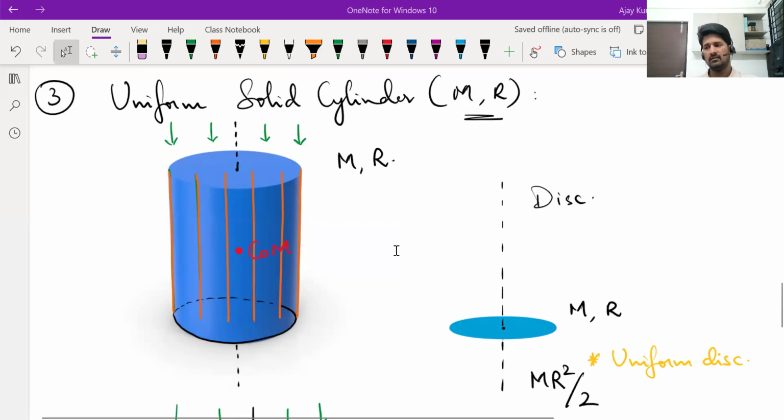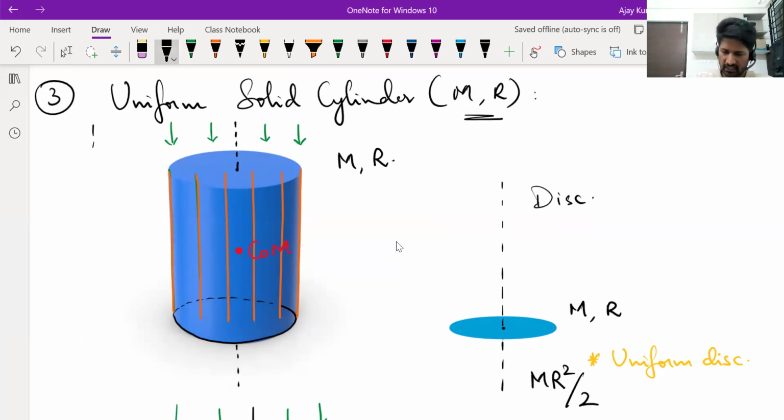But moment of inertia of a system can vary from axis to axis. And for a given system, you can imagine infinite different axes. For example, this solid cylinder itself, about this axis, we got it as mr square by 2. But if you take an axis somewhere here, the moment of inertia will be something else. If you take an axis somewhere here, the moment of inertia will be something else.